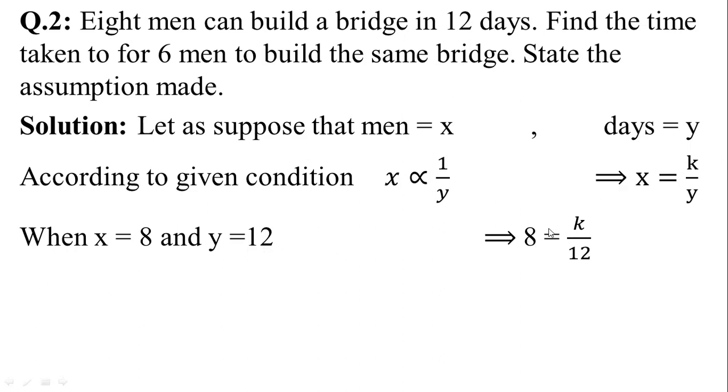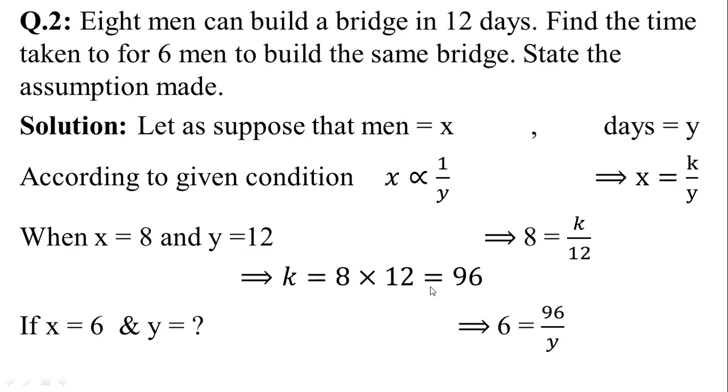So x is equal to 8 and y is equal to 12. Then 12 is multiplied on the other side, k is equal to 8 multiplied by 12. 12 eights are 96. So the value of constant k is equal to 96. Then we can find the days when men is equal to 6.